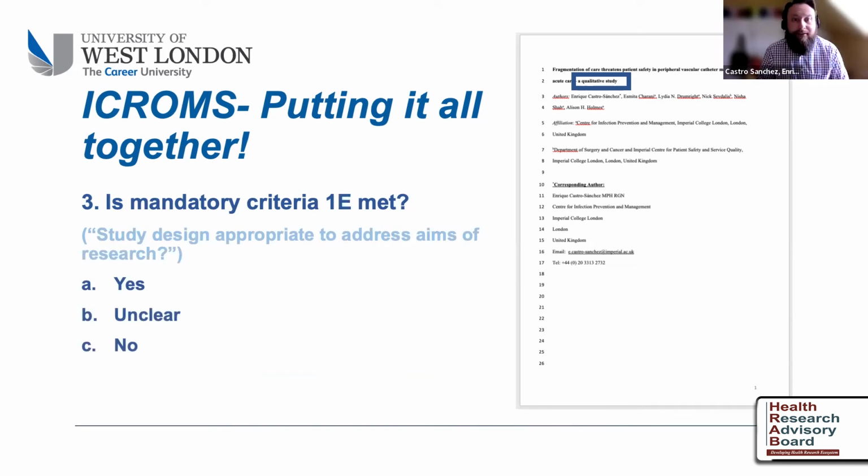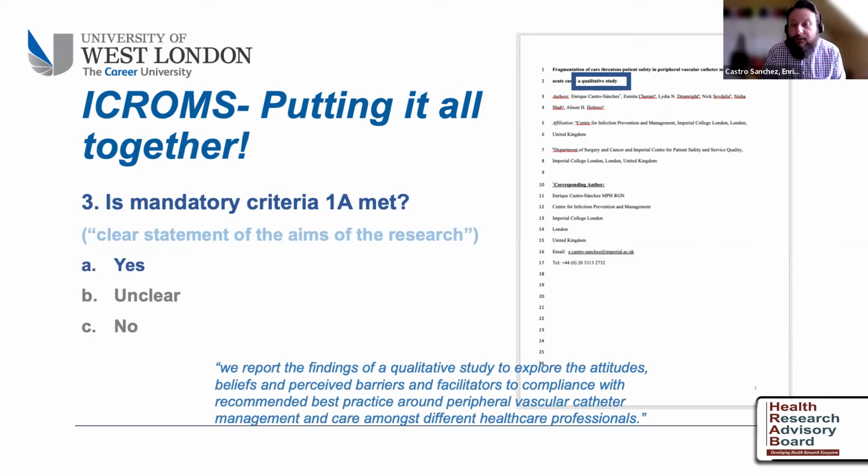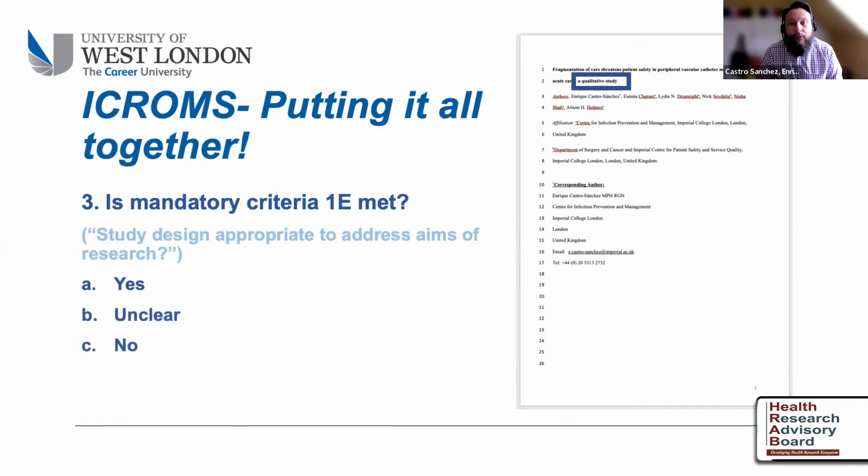How about criteria 1E? Is the study design appropriate to address the aims of the research? So the aims of the research, remember, were to explore the attitudes, beliefs, barriers of recommended best practice around vascular catheters. So we wanted to explore attitudes, beliefs, and perceived barriers, and the authors use a qualitative study.